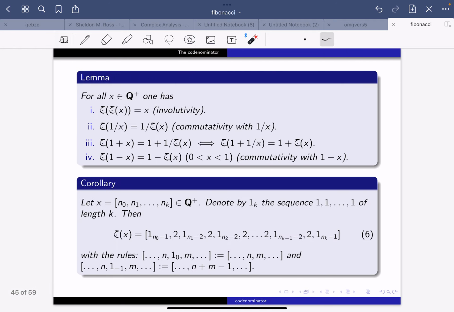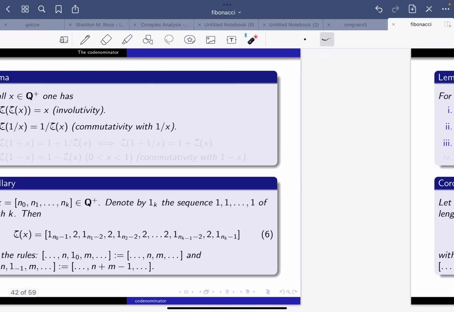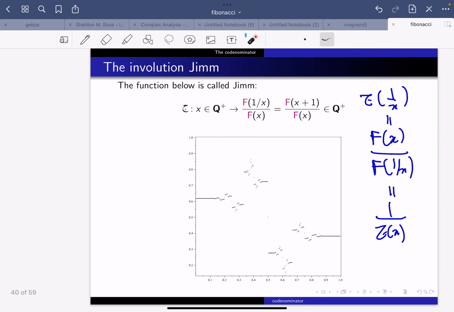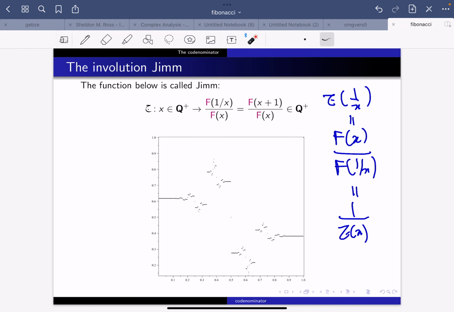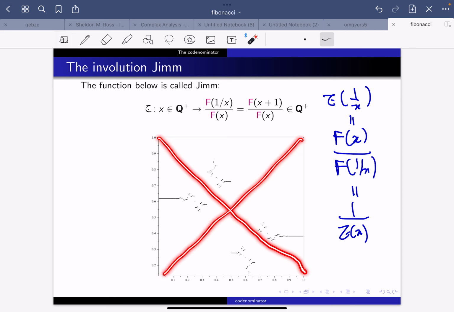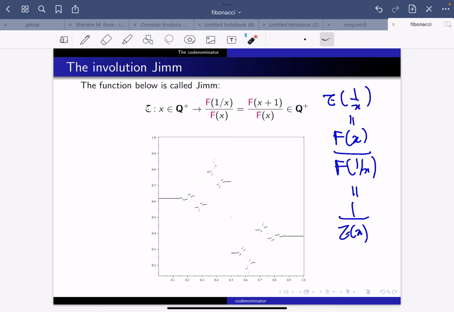So involutivity says that this graph is symmetric with respect to this axis. And the equation Jimm of 1-x equals 1 minus Jimm of x says that the graph is symmetric with respect to this axis. So this plot is symmetric to both these axes.